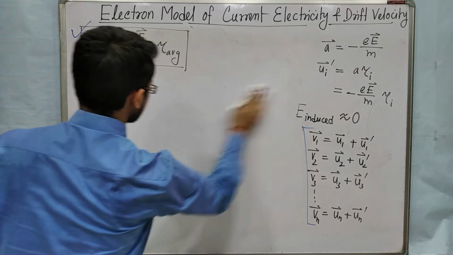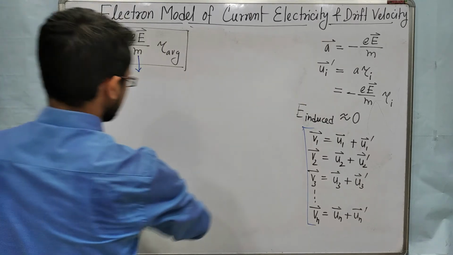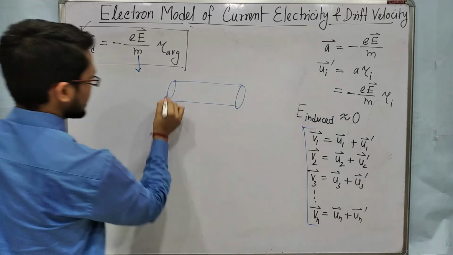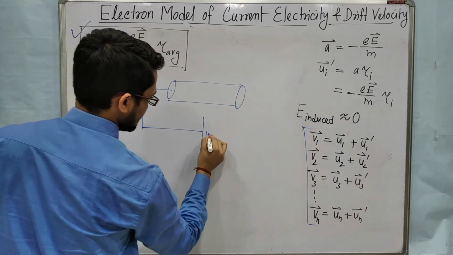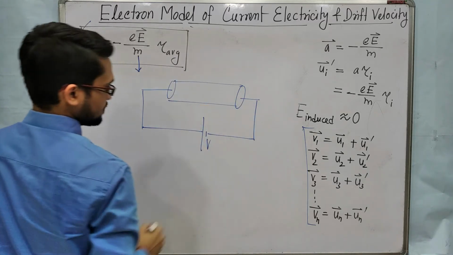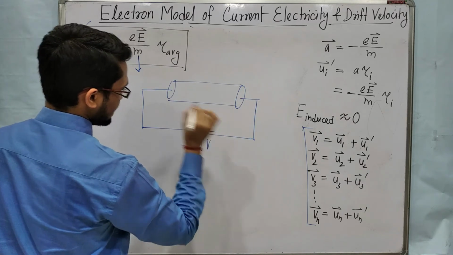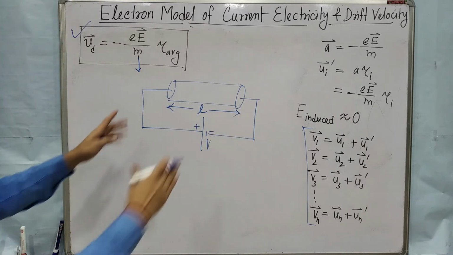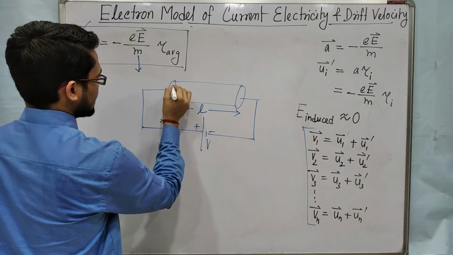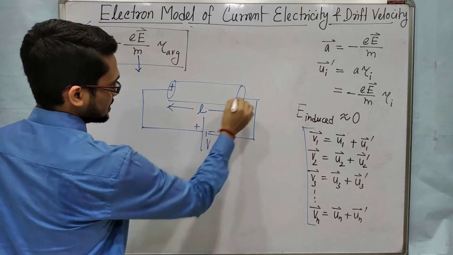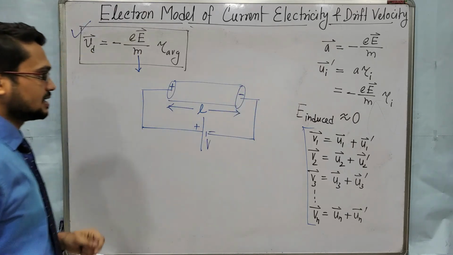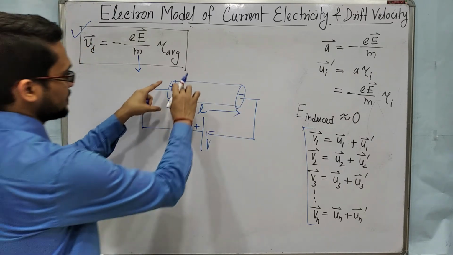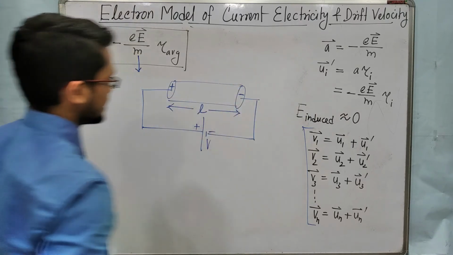Now how will you calculate this electric field? Suppose this is the conductor, this is the external source of energy, a battery of potential V, this is positive, this is negative, and the length of the conductor is L. So this side of the conductor is at high potential, plus, this side is at lower potential, minus, and the separation between them is L. What will be the electric field in between the conductor?